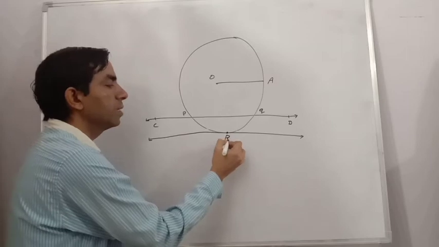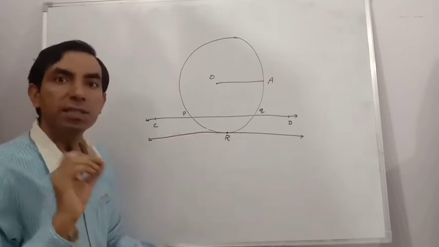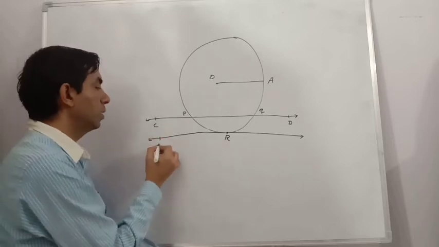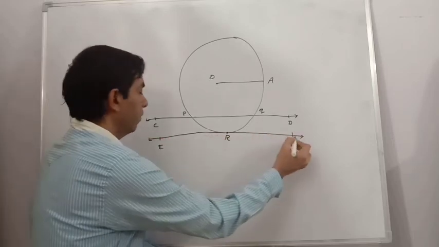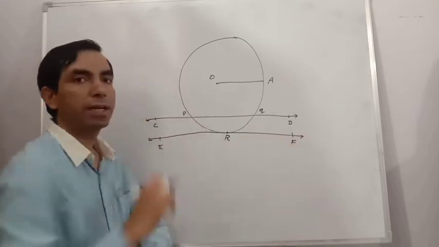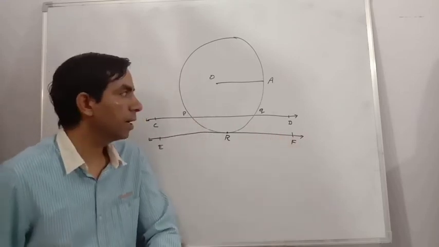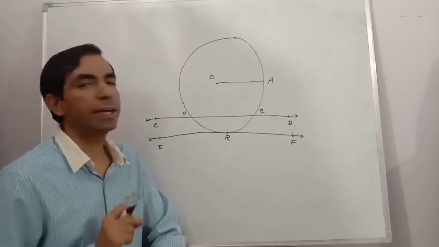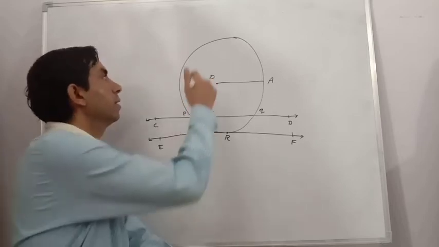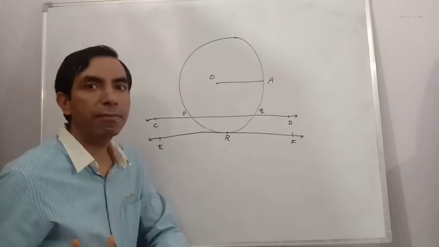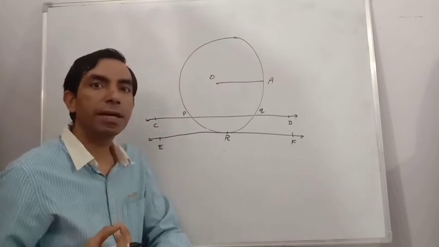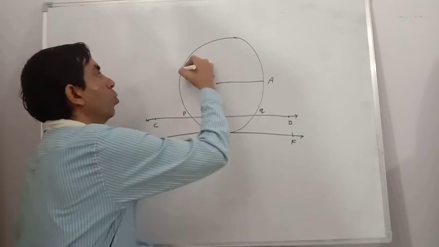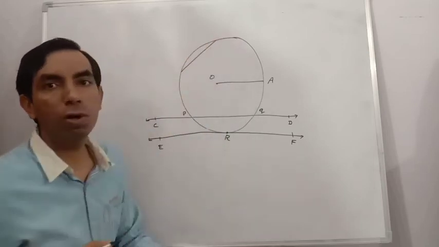Here it intersects only at a point, meaning it touches the circle at a point R. So that is called tangent of circle. If a line segment joins 2 points of a circle, that is called chord.